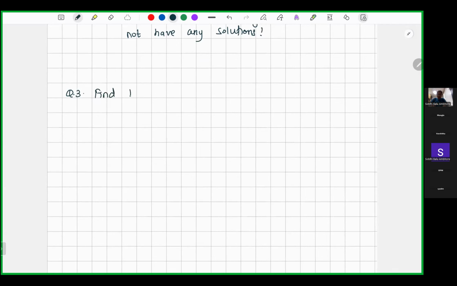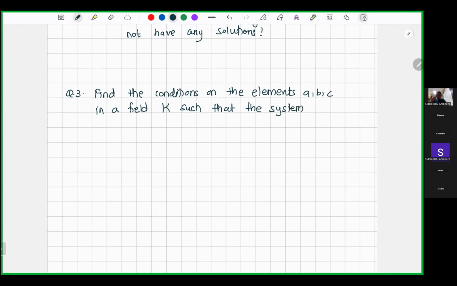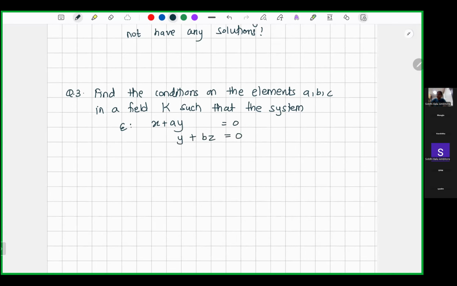So we are going to find the conditions on the elements A, B, C in a field K such that the system x plus ay is 0, y plus bz is equal to 0, and z plus cx is equal to 0 has no solution, one solution, and infinitely many solutions.